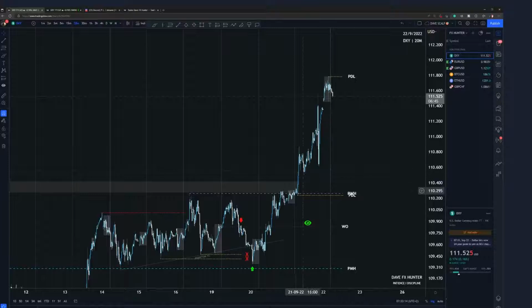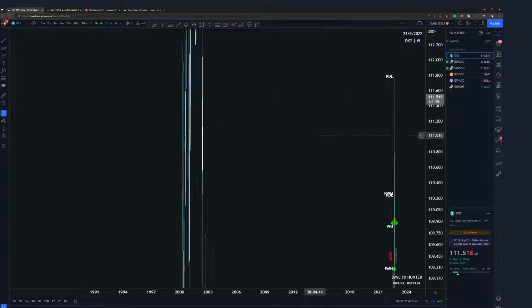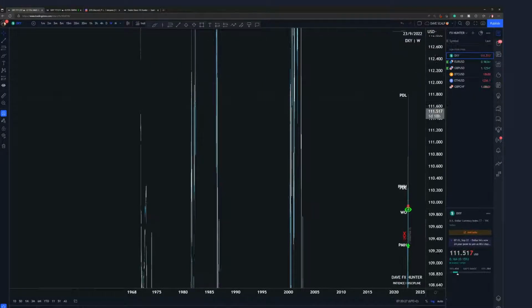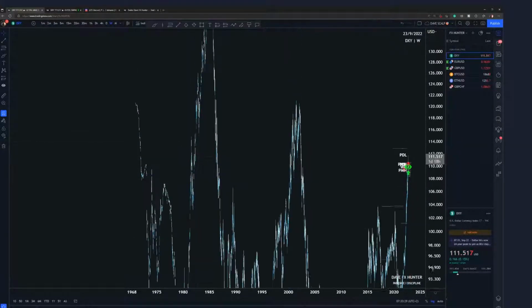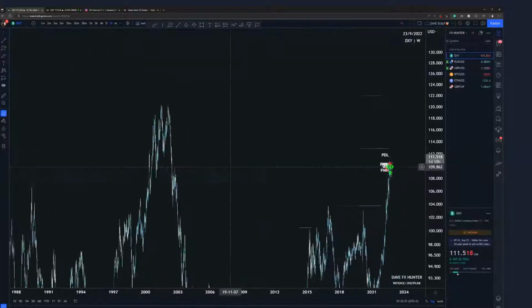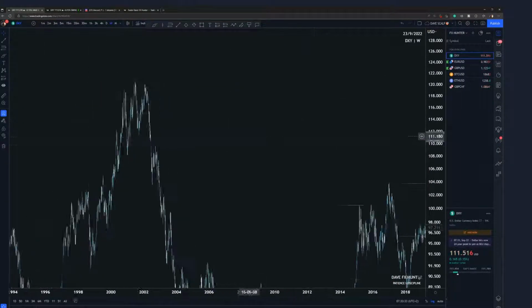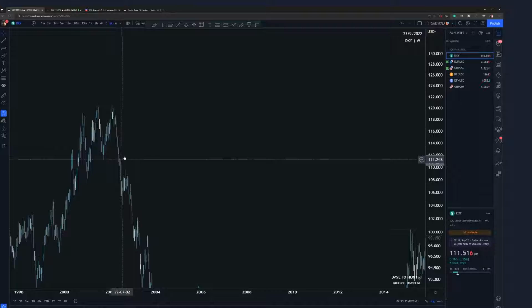But as we are now in this territory where we don't have any opposing level, I'm going to the weekly to check what's happening on the left, because I always want to see what is in here. So here is the price now.